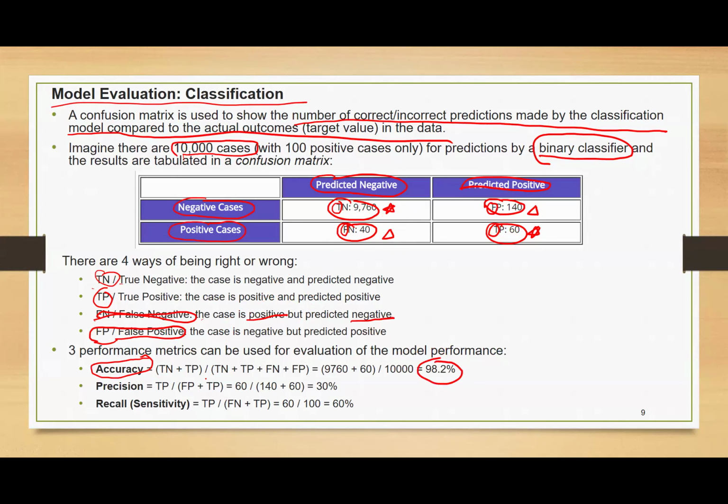Accuracy is just all the true values put together: you sum the true values, and divide by the total data set, the summation of all the samples here.